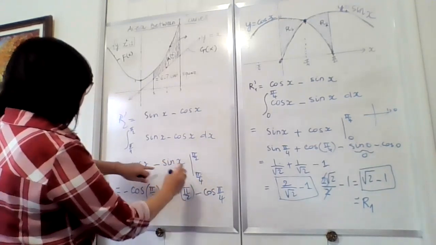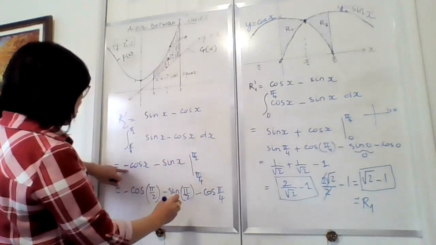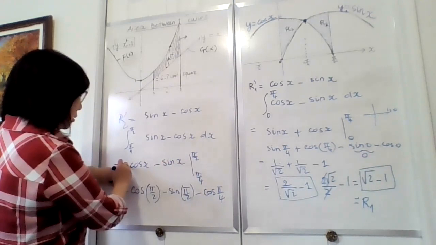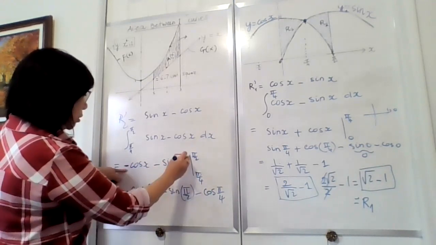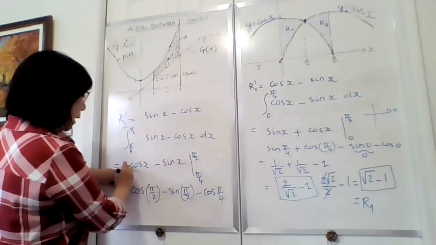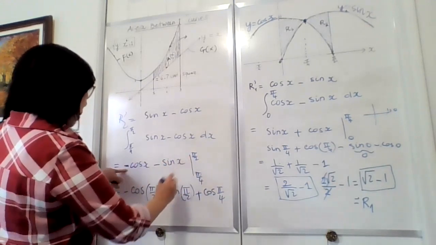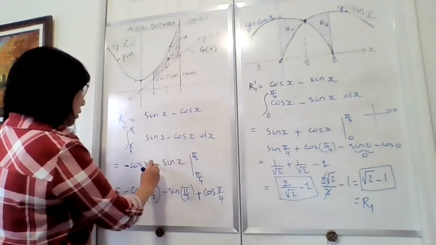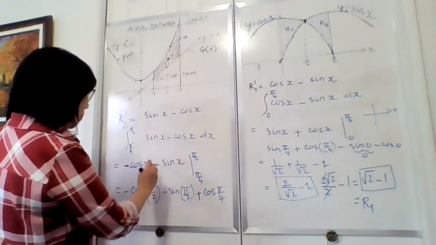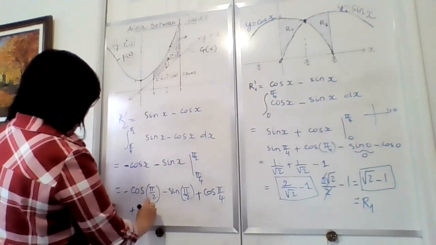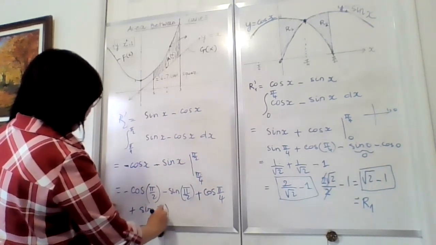Actually, we subtract this, but we have two minuses here, so that becomes positive, adding cos of pi over 4. And for this as well, it's supposed to be minus, but minus with minus becomes positive, sine of pi over 4.